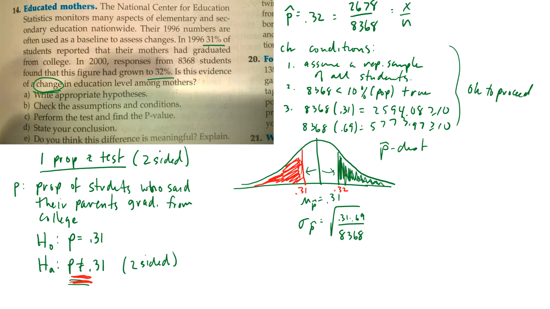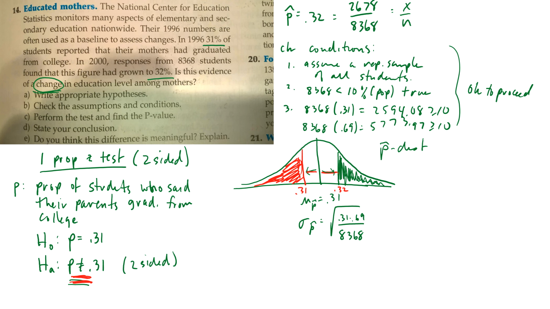We just want to know if I have evidence that it's not equal to 0.31. So it could be above or below. Well, how far above or below? The same distance, 1/100th above and 1/100th below. So I go up and down the same distance, both ways.